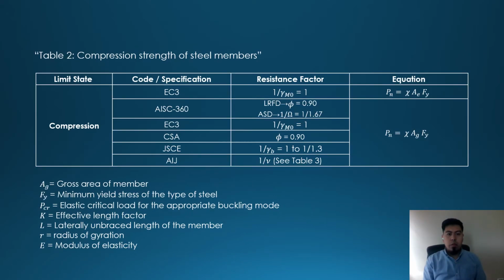In this table, I provide a comparison of equations to calculate the compression strength. All the specifications have a similar approach, with the exception of Eurocode 3, which has one equation for cross sections of class 1, 2, and 3, and a second equation for cross sections with class number 4.